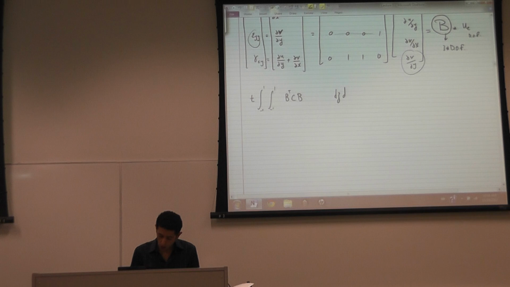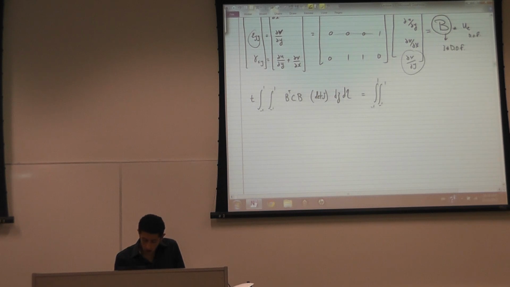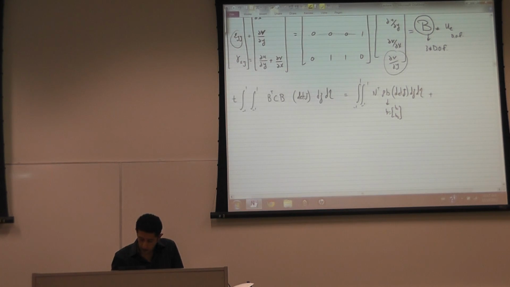I'm integrating in the perfect coordinate system, so I have to multiply by the determinant of J. This will be equal to the integral from -1 to 1, -1 to 1 of N transpose b times the determinant of J d xi d eta, where b is equal to b1, b2, plus the integral of N transpose Tn integrated over the surface of the element.